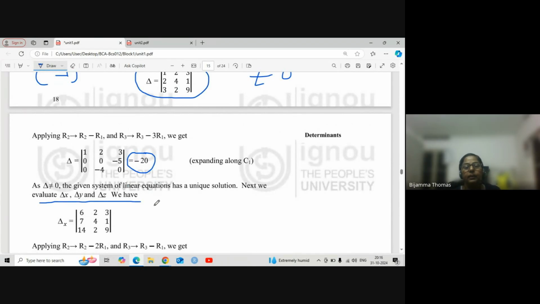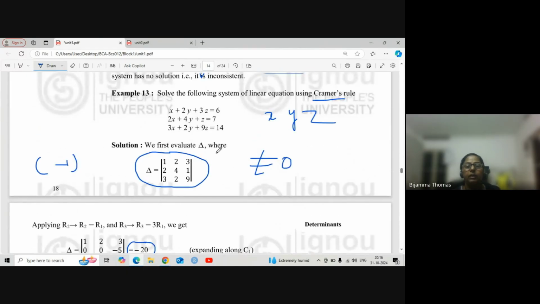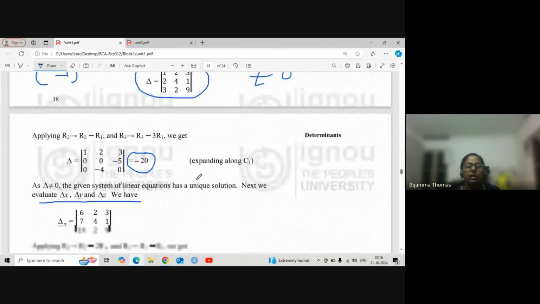Delta x will be, the first column will be replaced by the right hand side constants 6, 7, 14. Then the second and third columns remain unaltered. Is it clear?